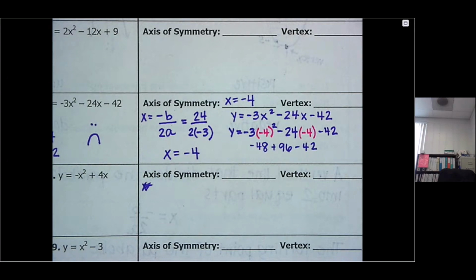So negative 48 plus 96 minus 42. 6. Woo! So that means your y is 6. Your vertex is at negative 4, 6.